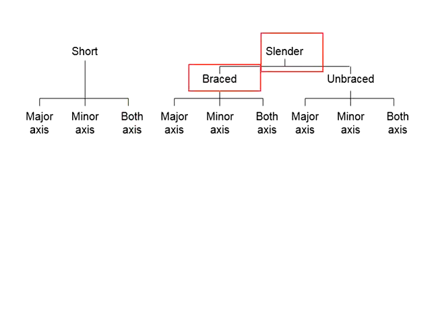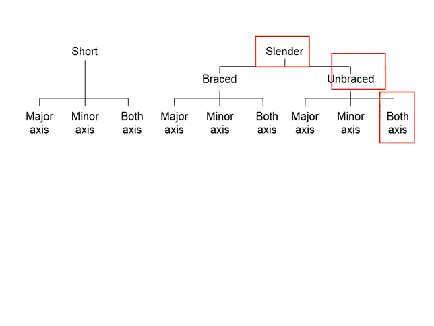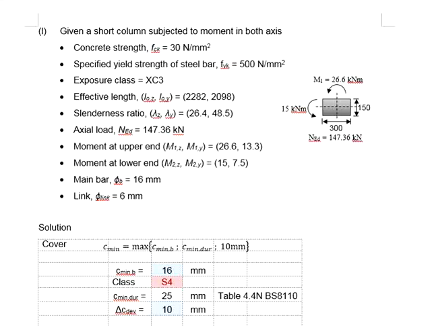Slender braced column subjected to moment in both axes, as well as slender and unbraced column subjected to moment in both axes. Therefore, for these questions and the following questions, we're going to deal with this type of columns separately. First, let us deal with the short column where the moment is acting in both axes.